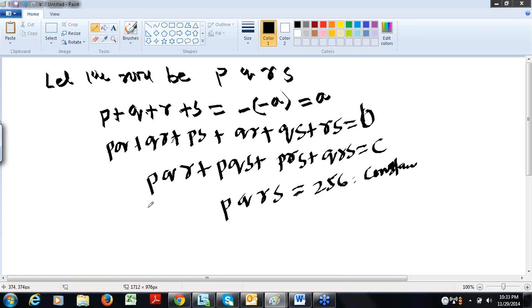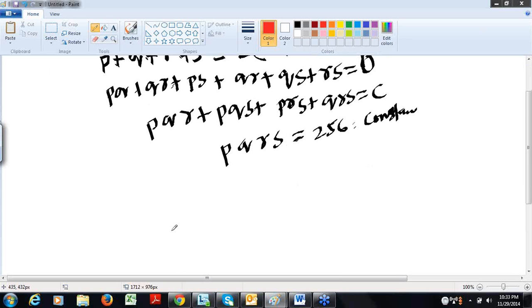Now, if a number is m plus n, so m plus n will be minimum when?